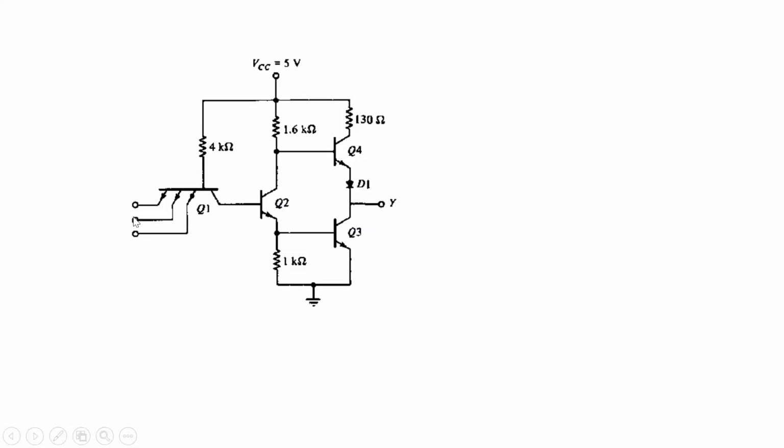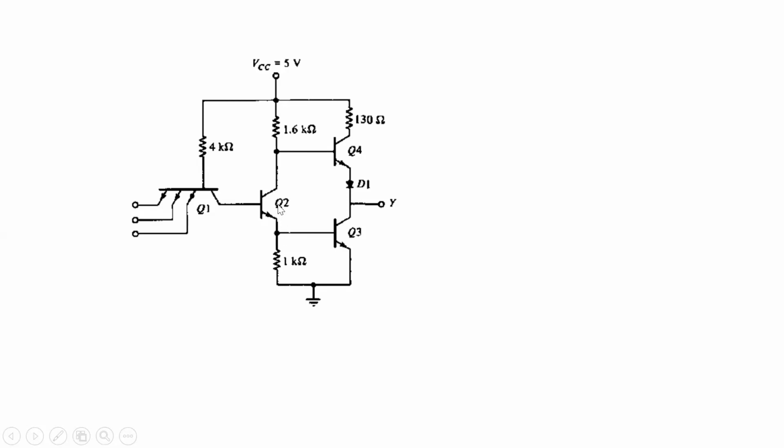If all the inputs are high, what will happen? Transistor Q1 is off, so transistors Q2 and Q3 are on. When they are on, the output voltage will be low. When Q3 is on, we have to check whether it is possible to turn on transistor Q4 or not. When Q2 is on, what is the base voltage of transistor Q4?